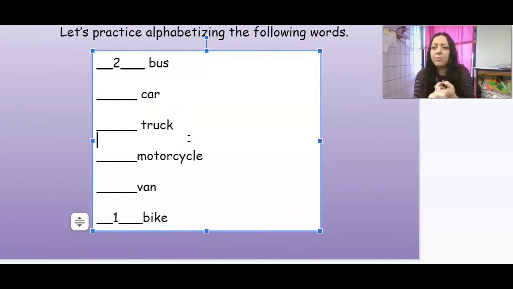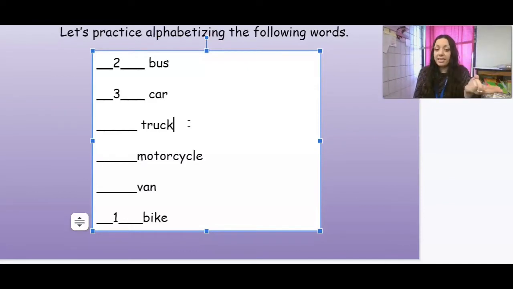Okay, after the letter B, what's our next letter in the alphabet? C. Very good. Do we have any words that start with C? Yes, we have this word right here, and it has that AR letter combination, so car. So we're going to put the number 3 by car. All right, so next, after C, we have D. Do we have any words with D?